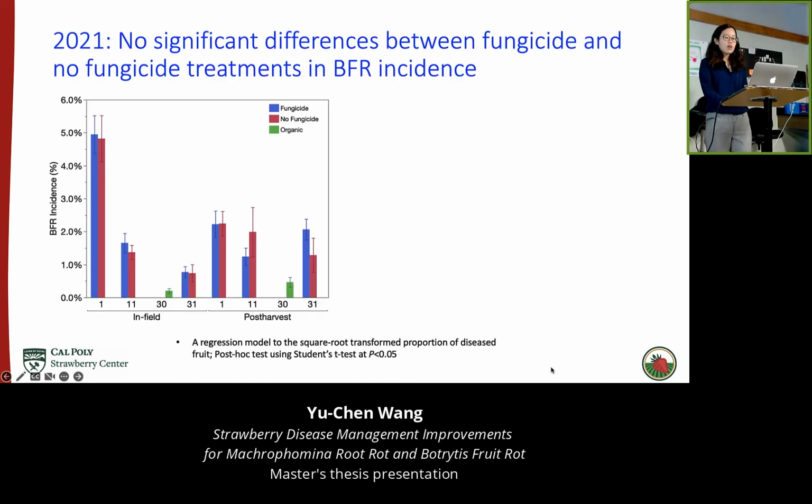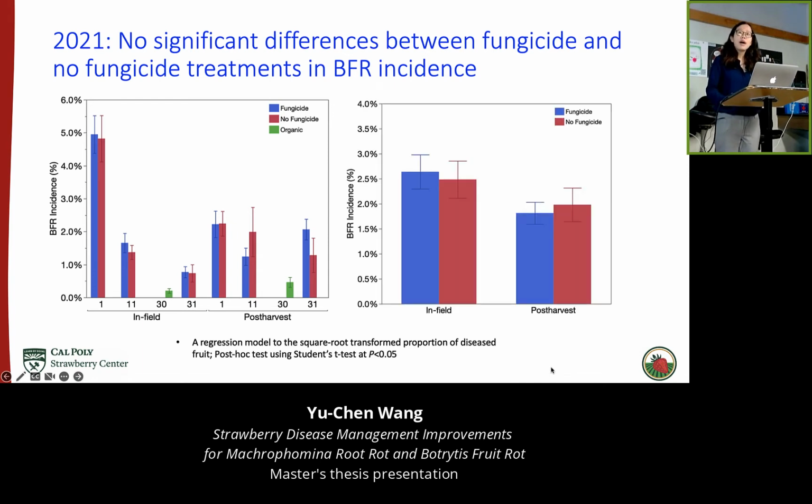So overall, the summary of the results for 2021: this graph shows the average Botrytis fruit rot incidence for the in-field and post-harvest incidence. We compare the fungicide incidence in blue and the no fungicide incidence in red. For each individual field, we don't see a difference between fungicide or no fungicide spray.